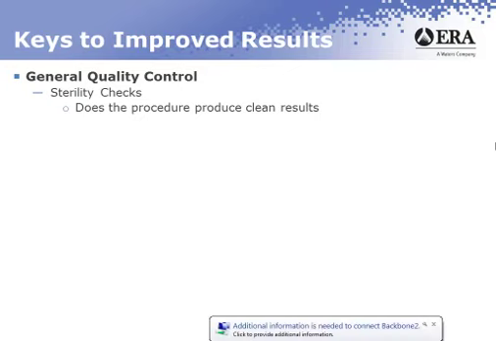Generally, it would be good practice when you're doing the analytical procedure, depending on which procedure you're doing, to check for sterility at both the beginning and the end of a series. You could do this using buffered dilution water as the sample.